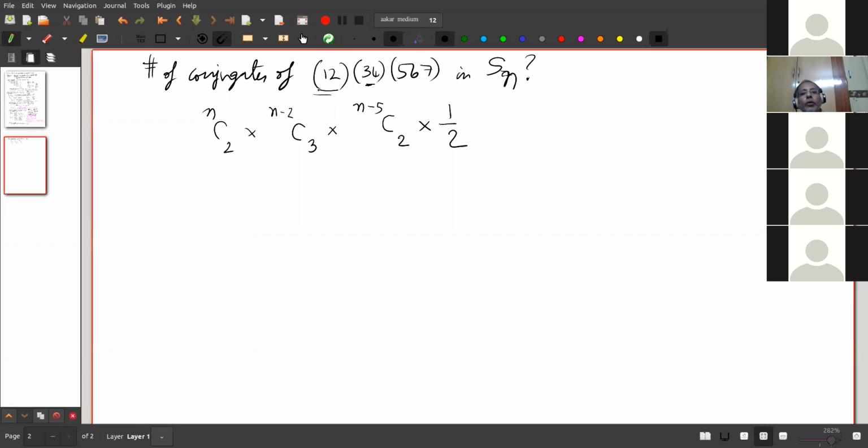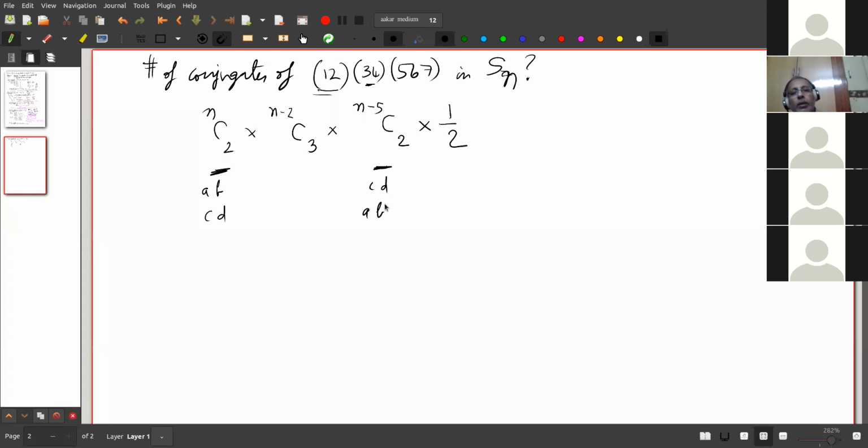And what is the reason for your choice here, sir? Because suppose in n combination 2, I am selecting 1, 2, and in n minus 5 combination 2, I am selecting 3, 4. That is one possibility. But it is also possible that in n combination 2, I am selecting 3, 4. So if I choose AB here and CD here, or CD here and AB here, that's an overcount, you're saying.